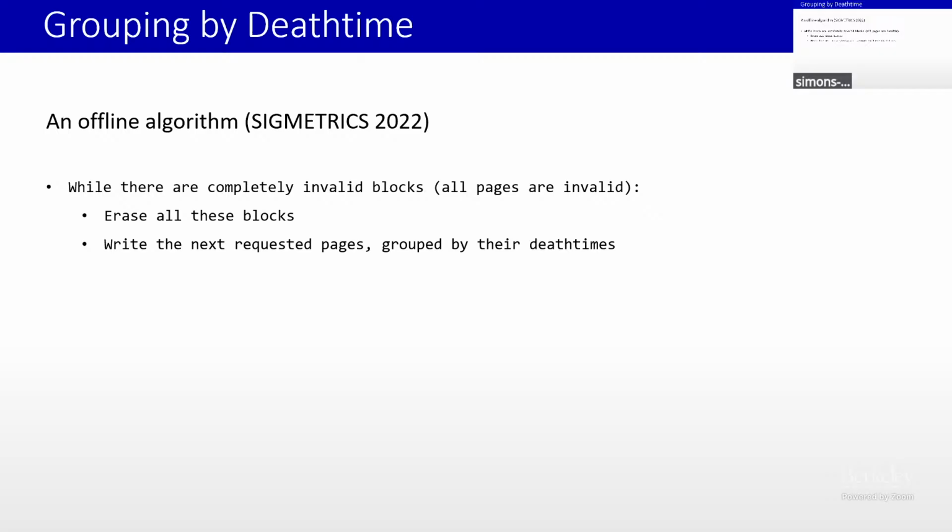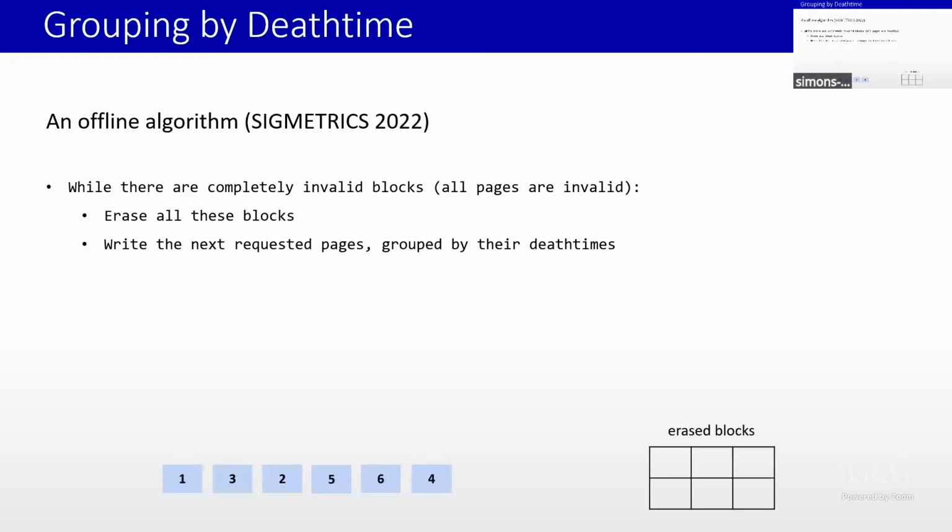I don't incur any rewrites, and now I have this clean space. Suppose I have 100 clean slots in the blocks that I just cleaned. Then I'm going to take the next 100 pages in my request sequence, which I know in advance.